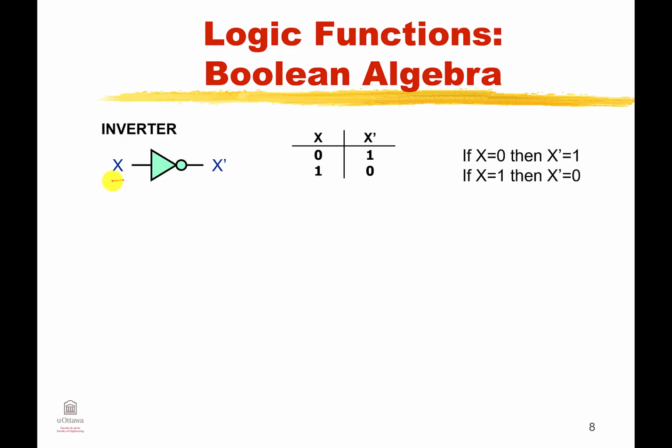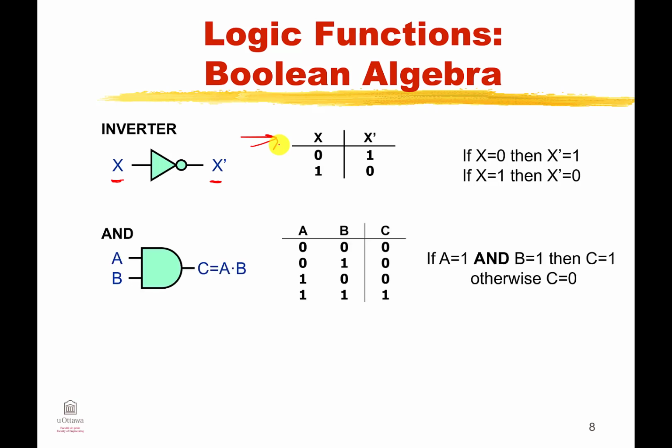So we have X as the input, and we will get X prime at the output. And this is the truth table of this inverter circuit.